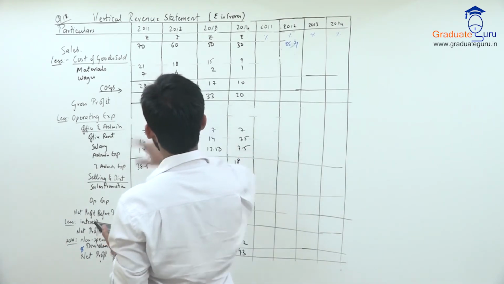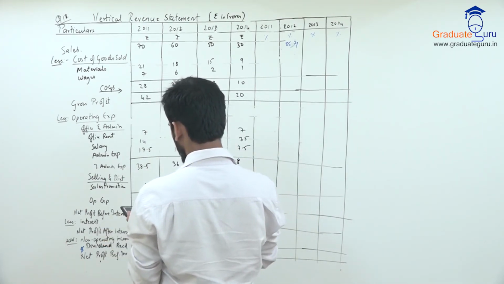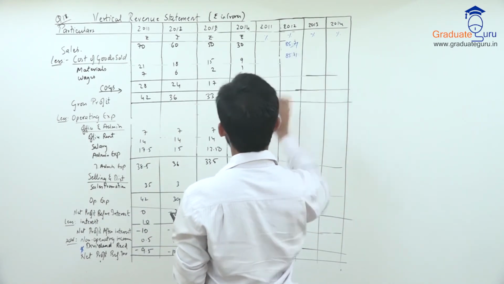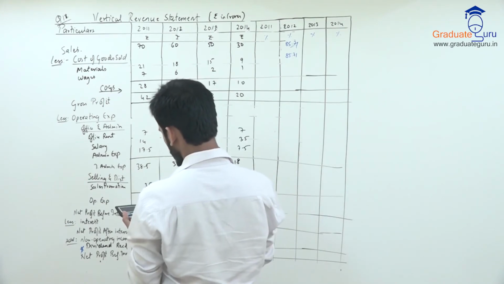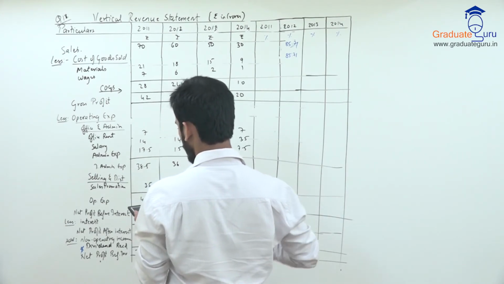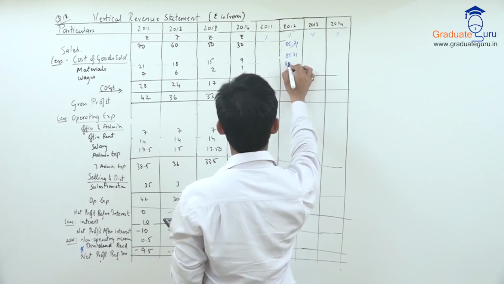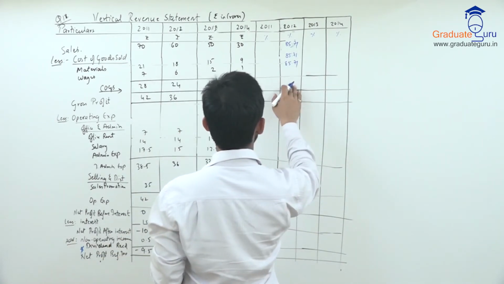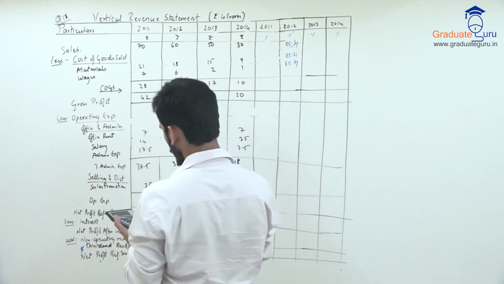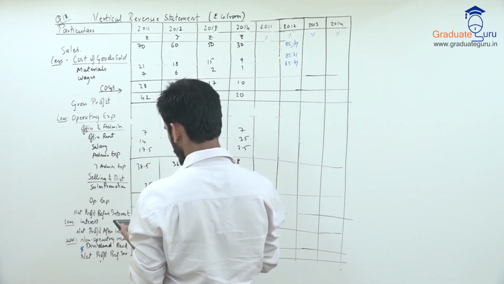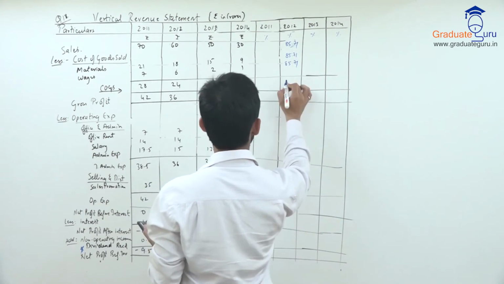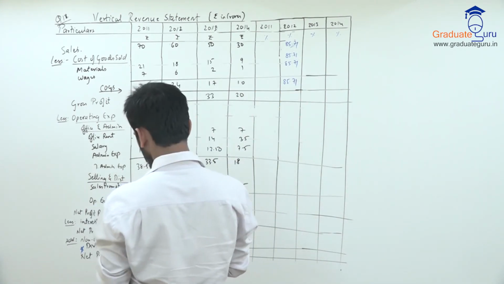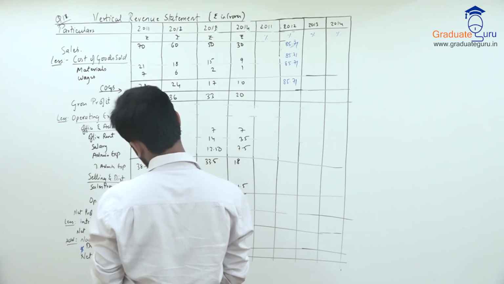Then here 18 and 21, so 18 divided by 21 as a percentage, 85.71 again. 6 divided by 7, again 85.7. We are in a loop, I guess. Then the total of this, 24 divided by 28, of course, the answer has to be 85.71. The gross profit, 36 divided by 42.